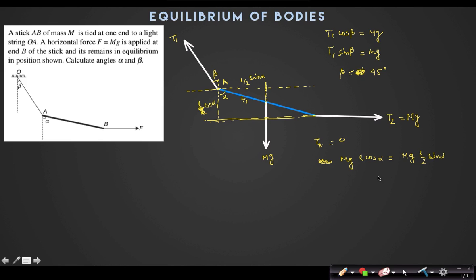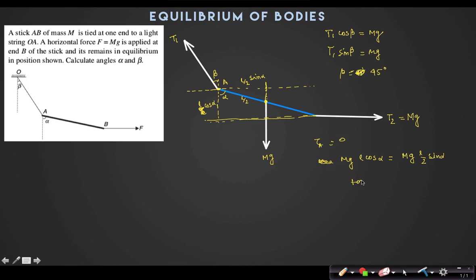Yes or no? Yes, sir. I tried to take torque about the COM, but things didn't work out. About the COM also you can take torque, why not? Only two forces are there. You will find the same answer.